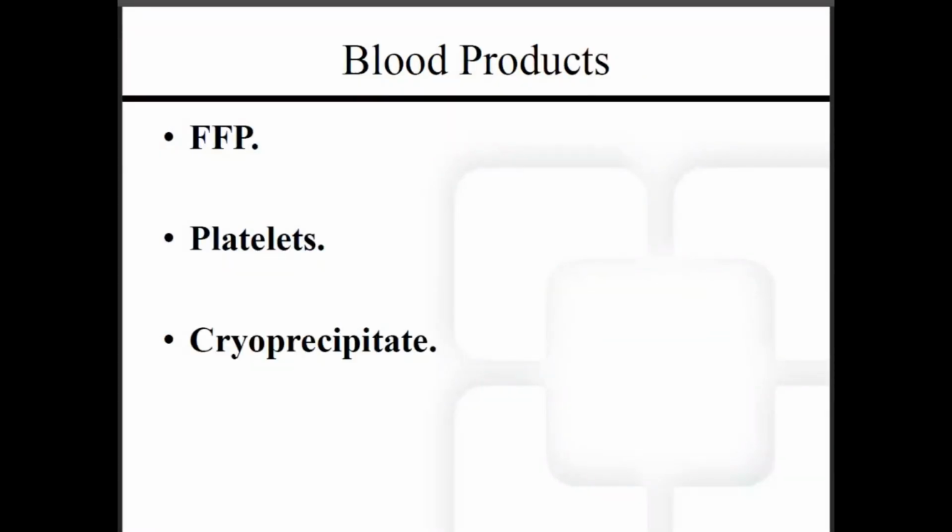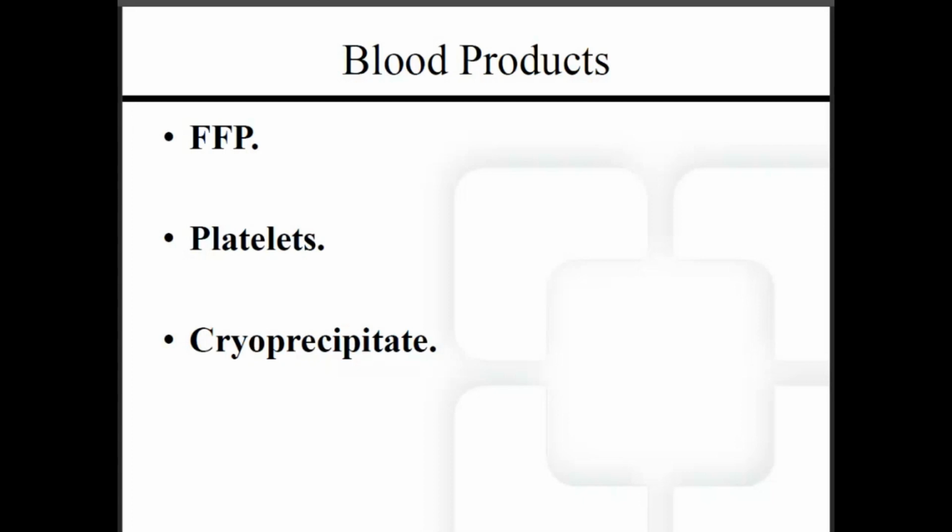So the most important blood products, as I told you, are the whole blood and packed RBCs. The FFP, platelets, and cryoprecipitate are special products that you need to know about. They are given in special situations like bleeding and hemorrhagic shock.